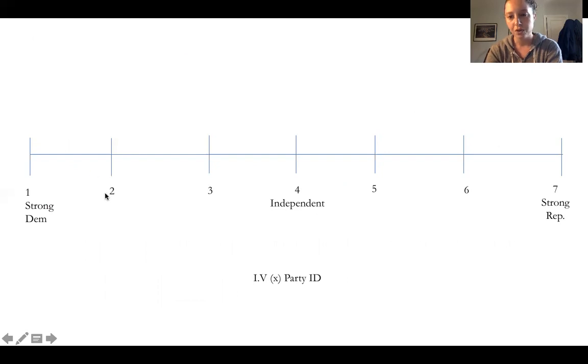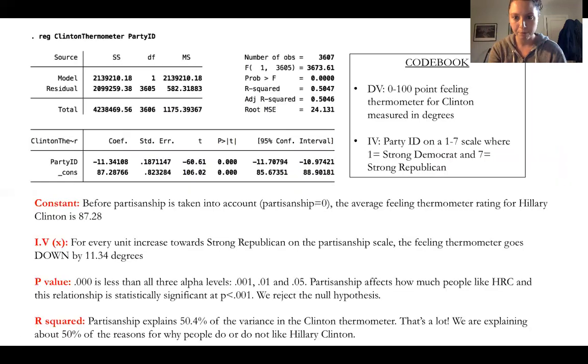Someone who's a 2 is a weak Democrat. Someone who's a 3 just leans Democrat. A 4 is an independent. A 5 is someone who leans Republican. A 6 is a weak Republican, and a 7 is a strong Republican. So as we move up the X variable, partisanship, people become stronger Republicans. That's what that looks like.